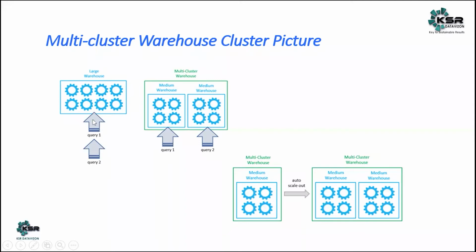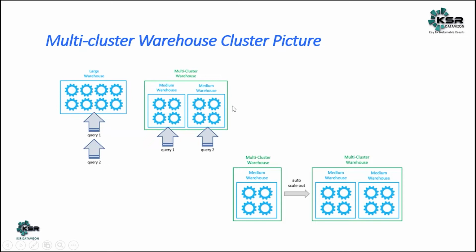When you have a single complex query that you will consistently run, you are better off with one large warehouse. But if multiple users need consistent speed, you create a multi-cluster warehouse and give those details to them.